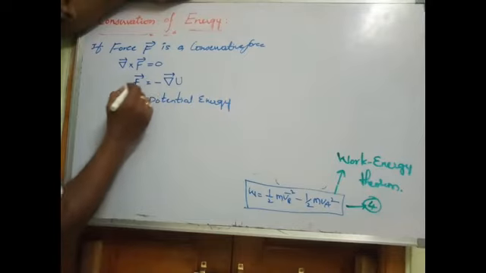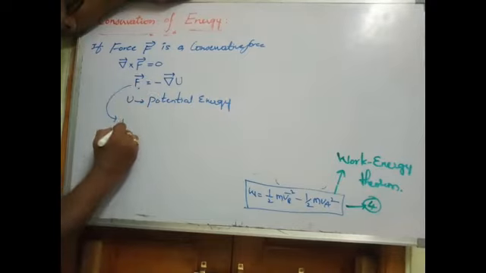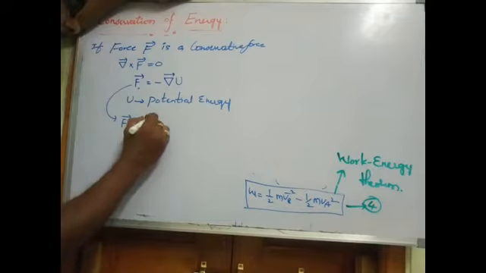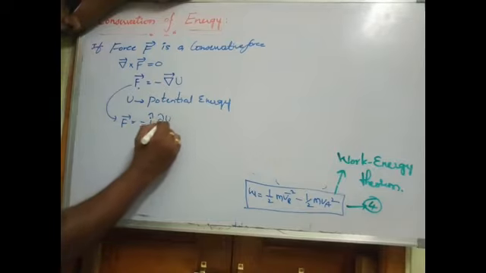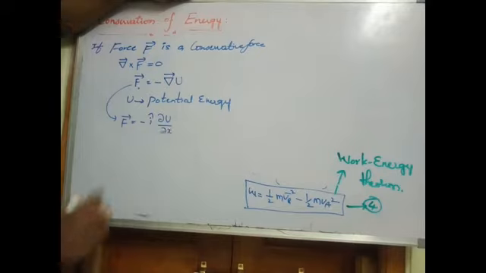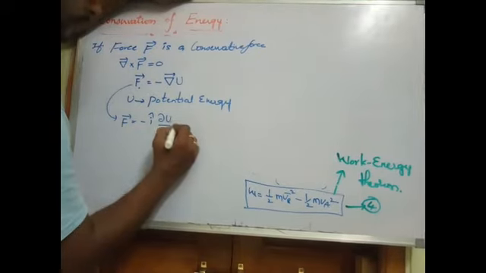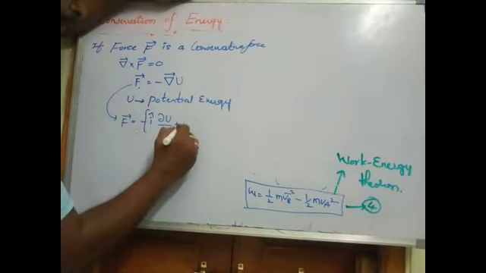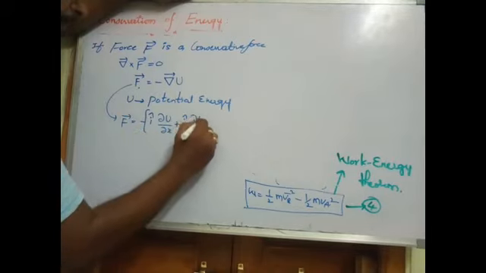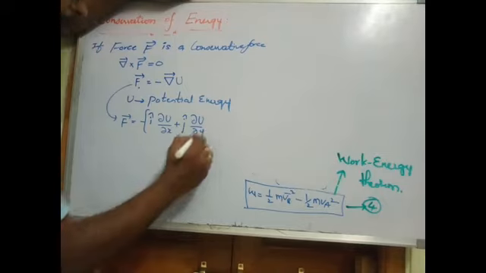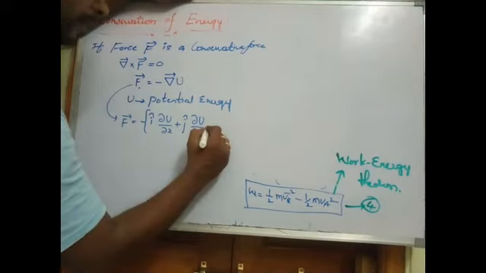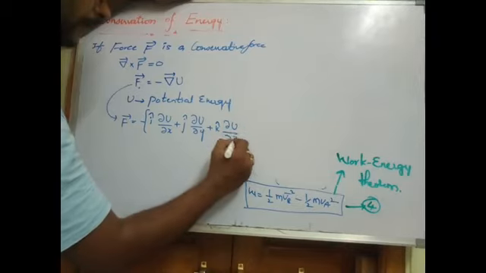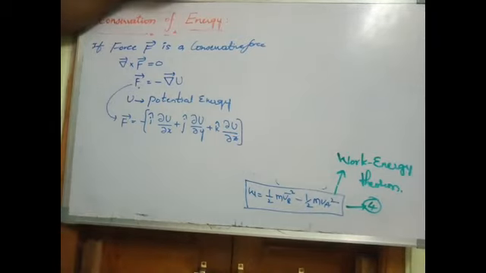This can also be written as F bar is equal to minus (i cap dou U by dou x plus j cap dou U by dou y plus k cap dou U by dou z), taking minus common.